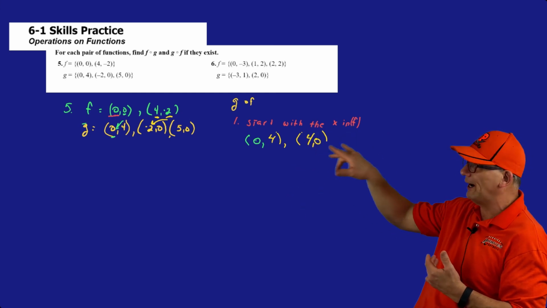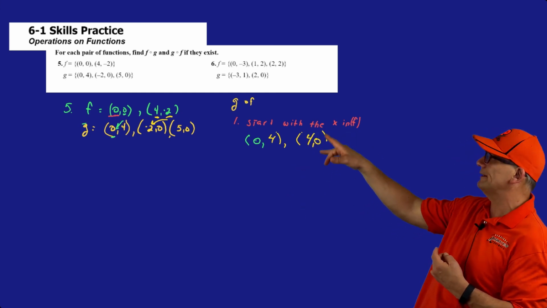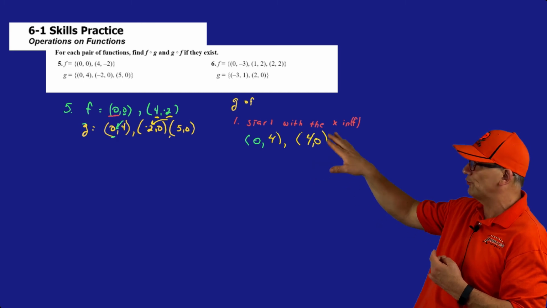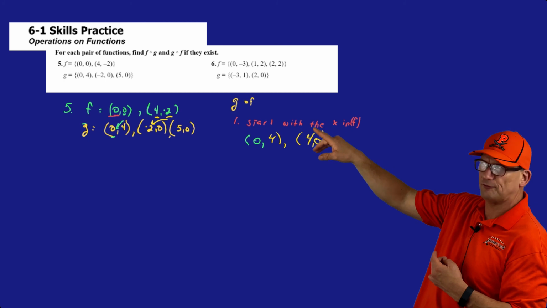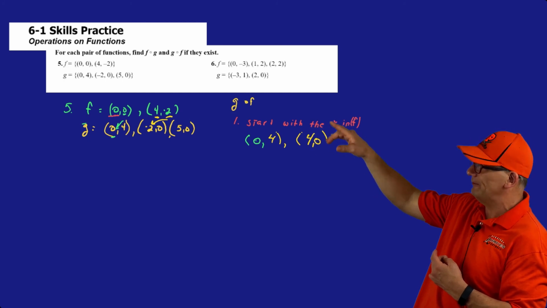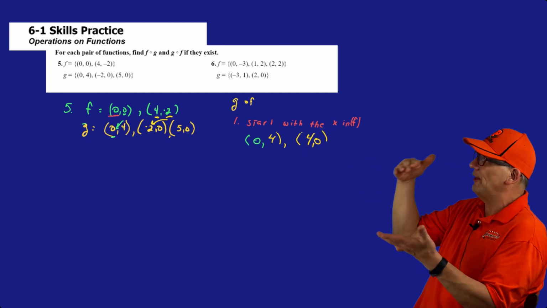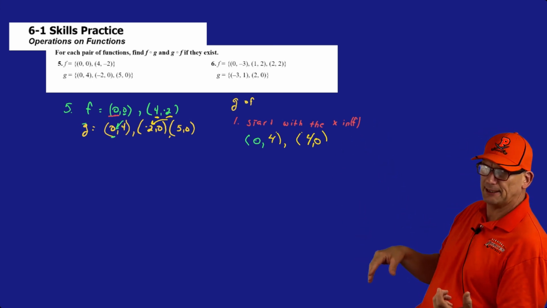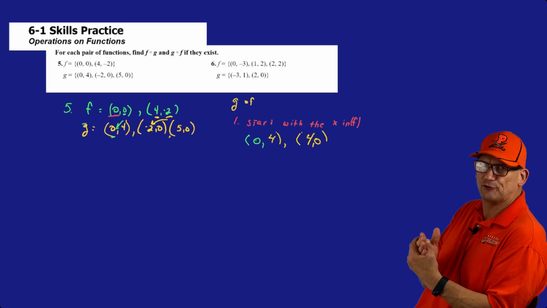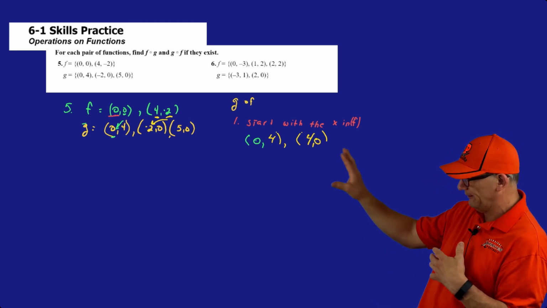We're going to take the y value of g now, and attach it to the 0. So the first coordinate for g of f will be 0 from the f, that's the x, and then the 4 as y. They are connected because the y of f is 0 and the x of g is 0. That's how you find the value.